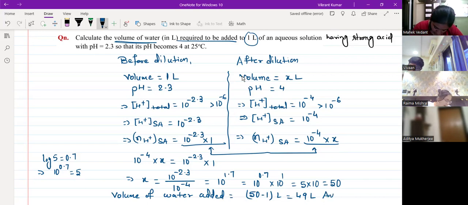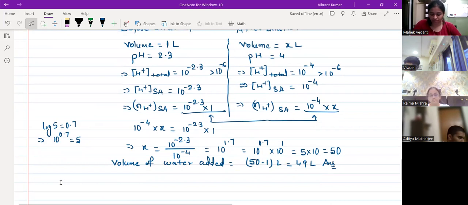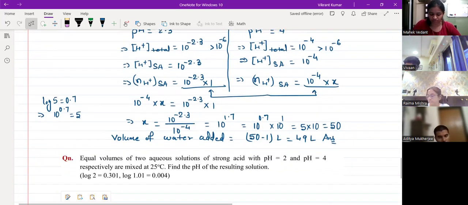That is going to be the answer. Is it okay? Any doubt? Solve this one.